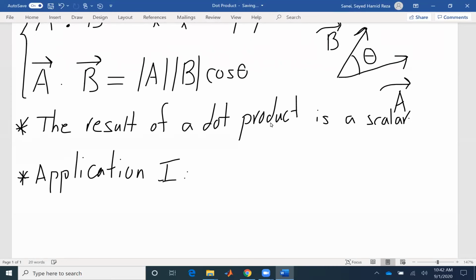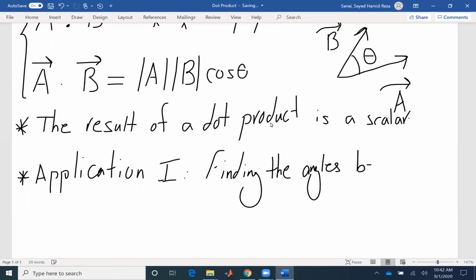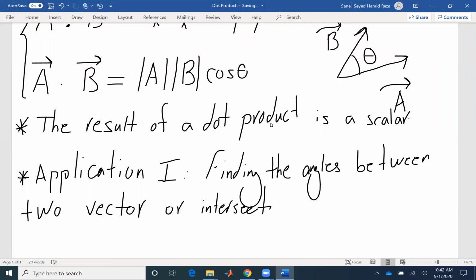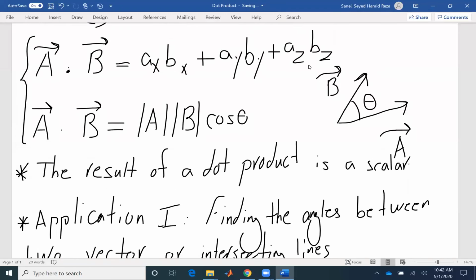We'll be finding the angle between two vectors, or we can even think of it between two lines, or intersecting lines.